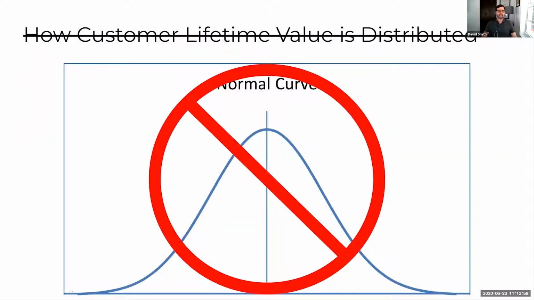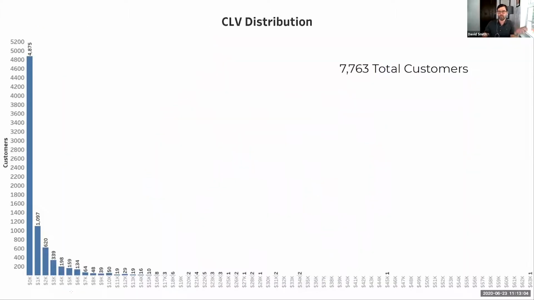So let's look at how it's typically distributed, which is like this. This is an example using some sample data based on a company that we work with in our portfolio. We have 7,763 total customers. And as we can see, the distribution is not normal at all.